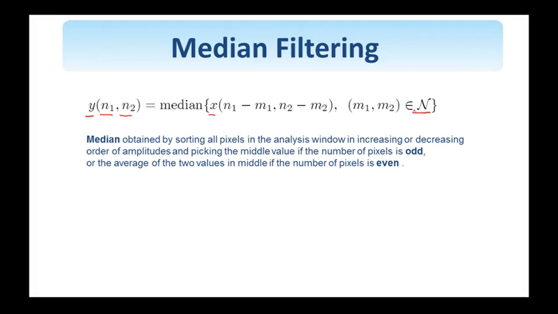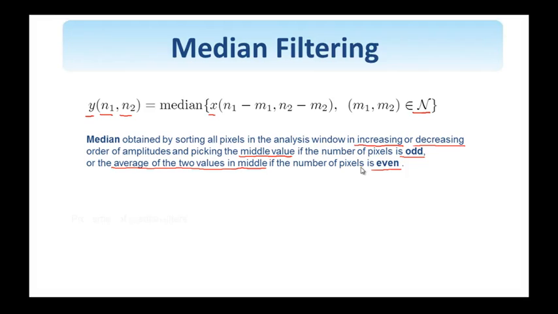Then take the values inside this neighborhood and order them in increasing or decreasing fashion. And then pick the middle value if the number of pixels is odd, or the average of the two middle values if the number of pixels is even. So it's a rather straightforward operation in figuring out the median filter.